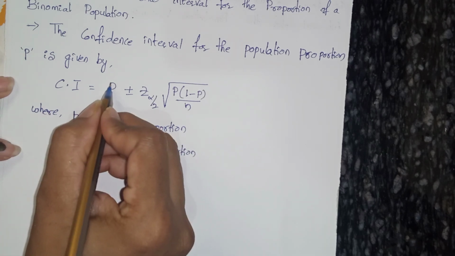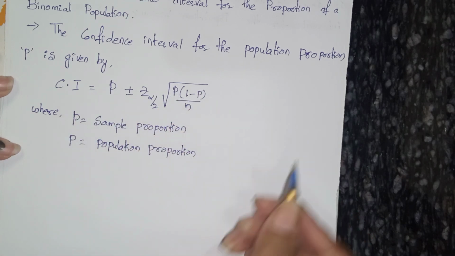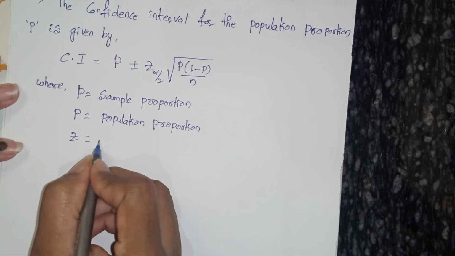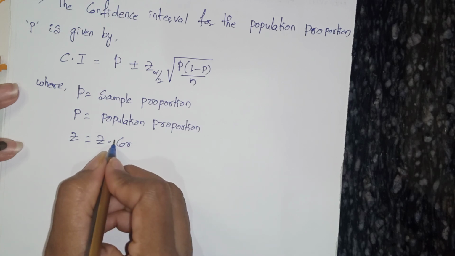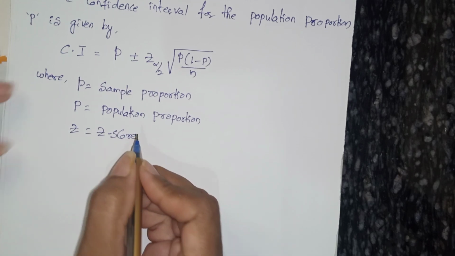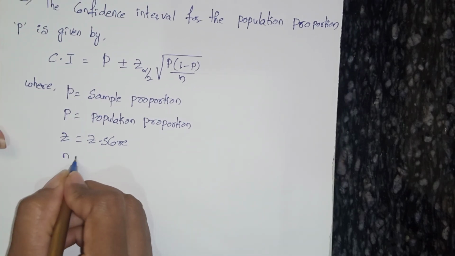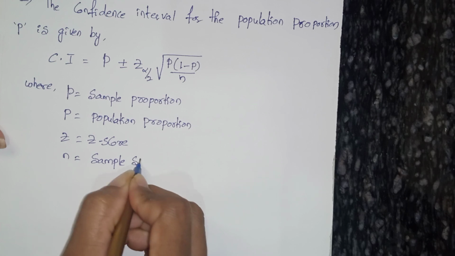So in the confidence interval we use small p. Don't confuse. Next, Z equals Z score, that is nothing but the critical value, level of significance. Next, n equals sample size.